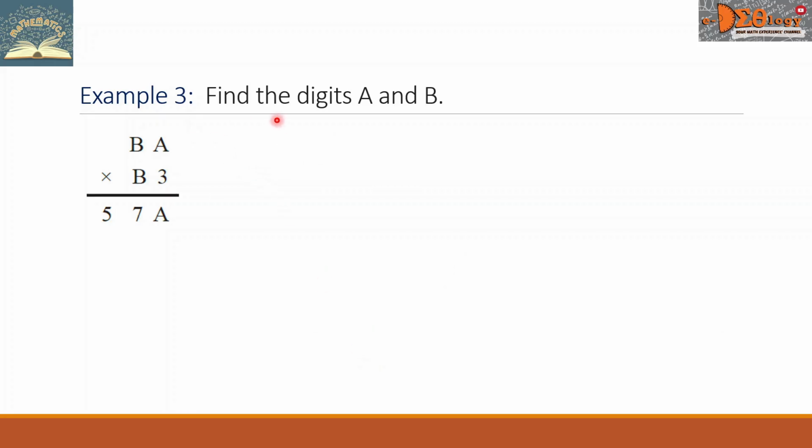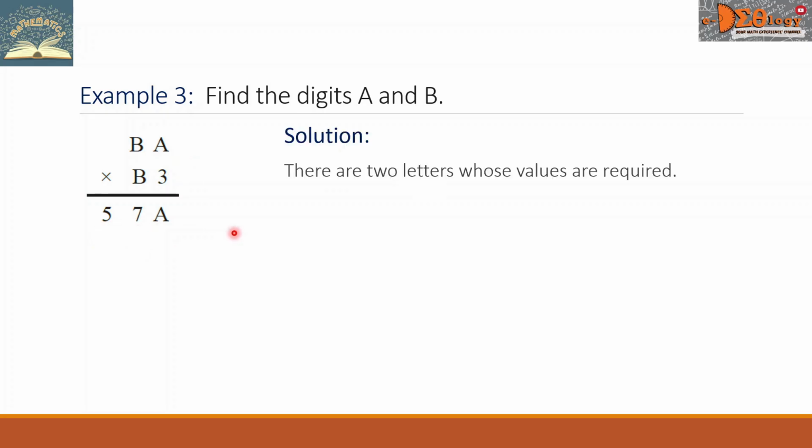So we have A equals 5 and B equals 1. Example 3. Find the digits A and B. We have BA times B3 equals 57A. We can see here that there are two letters whose values are required, the A and B. Note that the B is the tens digit for the two factors, and there is an A as the ones digit of the first factor and another A in the ones digit of the final product.